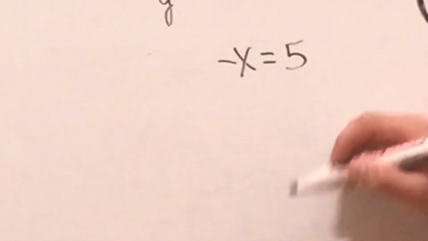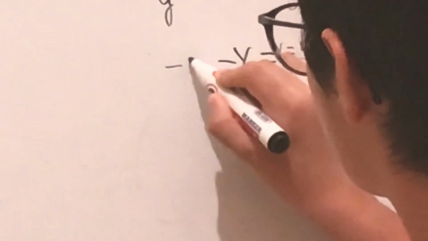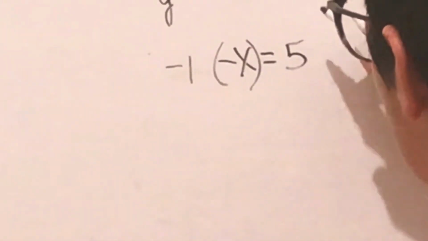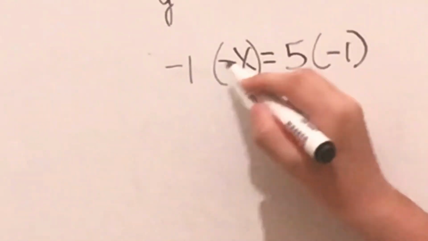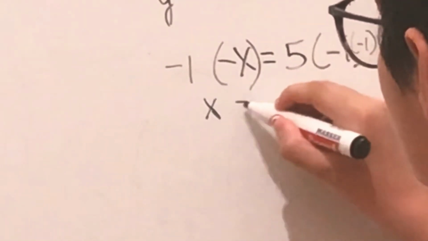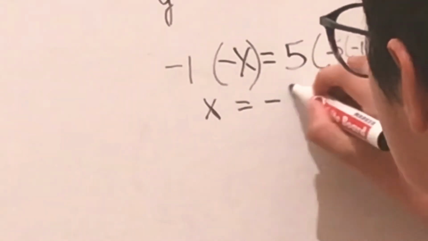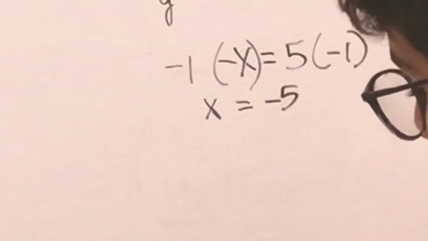And now we can multiply each side by negative 1 if you want. So negative 1 times negative x, and 5 times negative 1. The negative 1 and the negative x just become x, and 5 times negative 1 is negative 5. So now we have x equals negative 5.